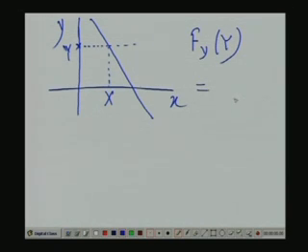What is that? That is nothing but 1 minus, after all, what is F x capital X?